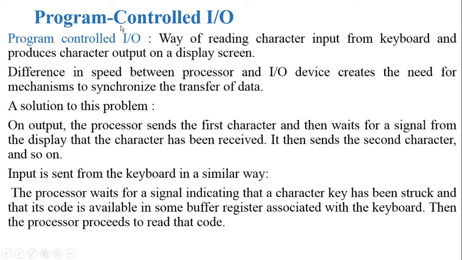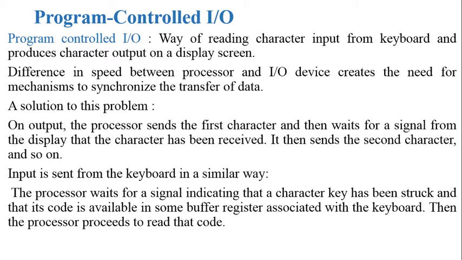So the next topic is program controlled I/O. It is the way of reading character input from the keyboard and producing the character output on a display screen. The difference in speed between the processor and the I/O devices creates the need for a mechanism to synchronize the data transfer.